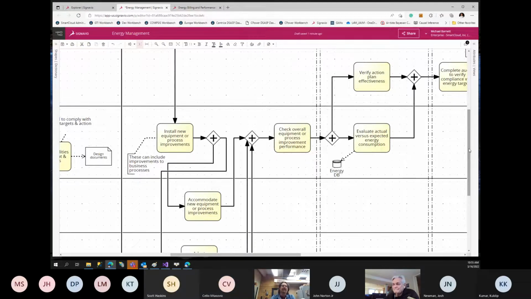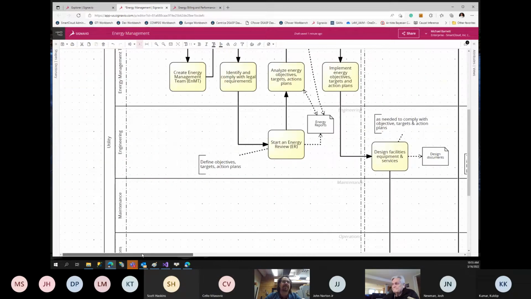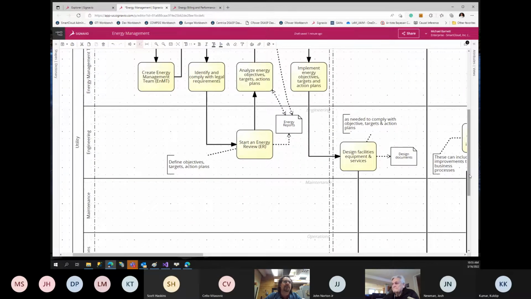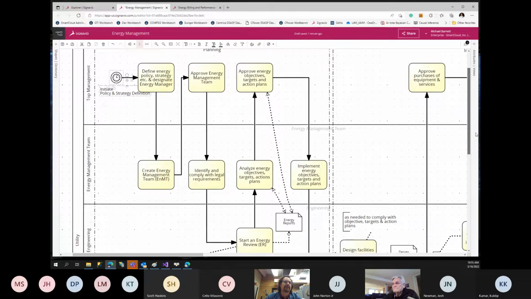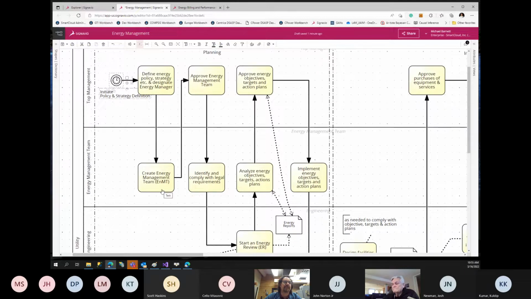Yeah, and in general, when we go all the way to the left at the start of the process, you're creating a team like that. To me, that wouldn't necessarily happen on a time basis. Maybe you evaluate the team, but it feels like a one-time process.